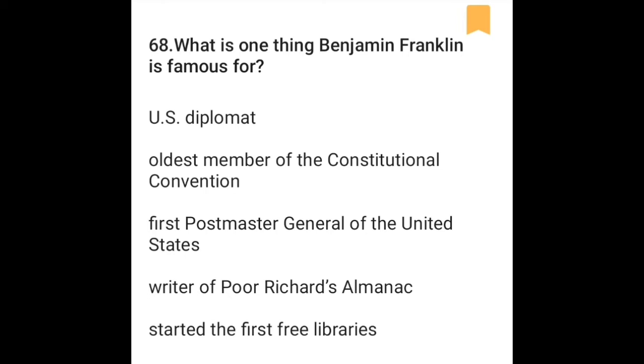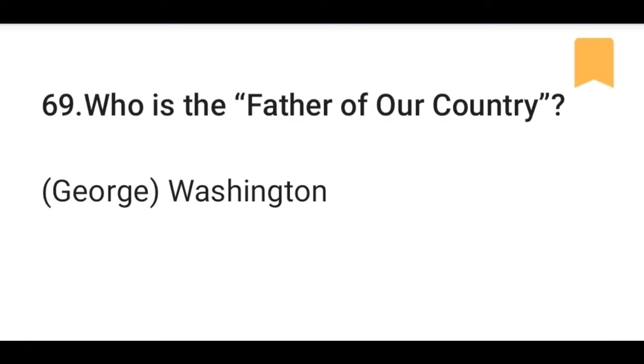What is one thing Benjamin Franklin is famous for? U.S. diplomat, oldest member of the Constitutional Convention, first Postmaster General of the United States, writer of Poor Richard's Almanac, started the first free libraries. Who is the father of our country?